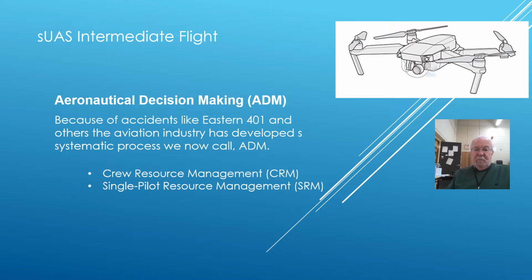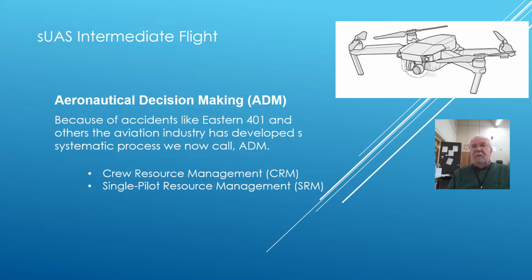One is crew resource management, which simply means that a crew member, for example, Eastern 401, or a single pilot, which would be single pilot resource management, SRM, either case, it involves obtaining all the information possible about the potential flight, and to continue to gain as much information as your flight is going on, and to gain as much information after the flight as well.